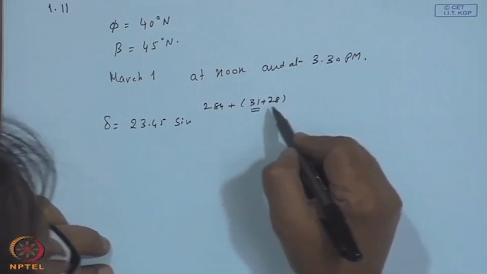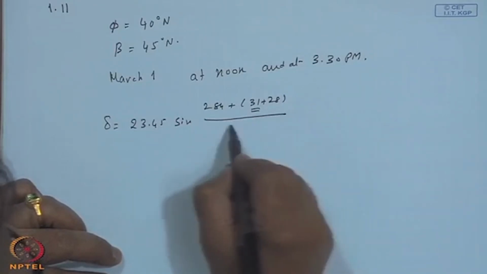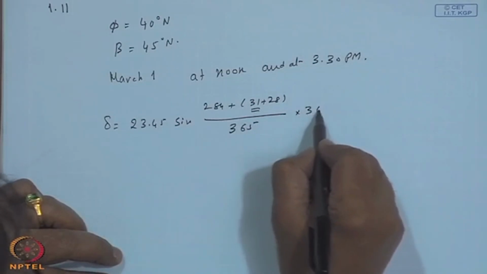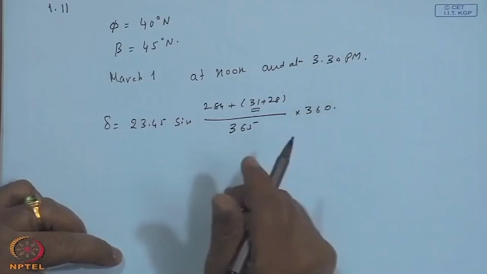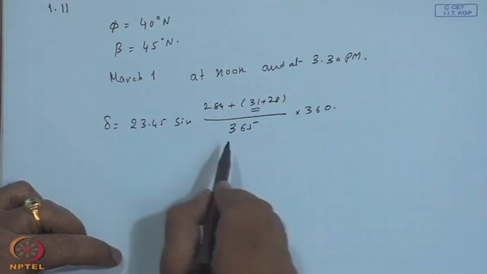So, I can even put 29, does not matter, upon 365 times 360. I think in the previous example I was forgetting this 284, but you can correct it.